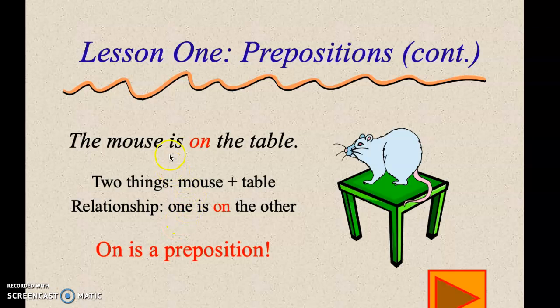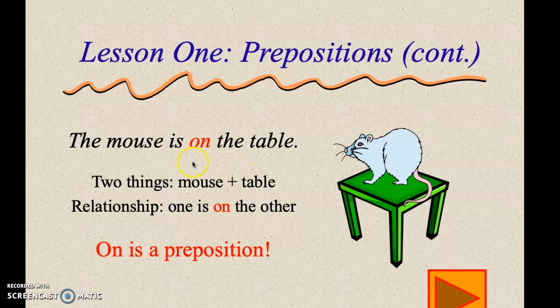Here we have some examples for you. The mouse is on the table. We notice that on is highlighted. The two things that it is showing the relationship between are mouse, let's see if my mouse pops up, a little play on words for you there, so mouse in the sentence and table, describing the relationship.